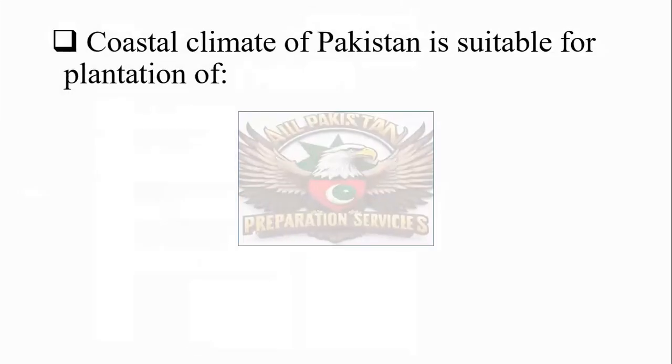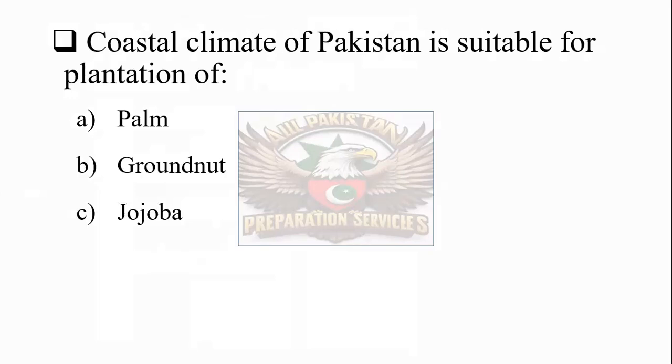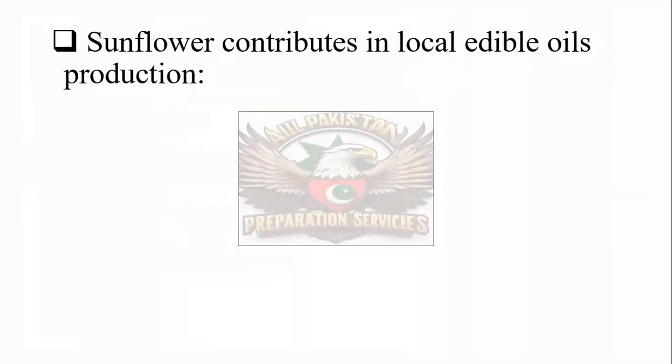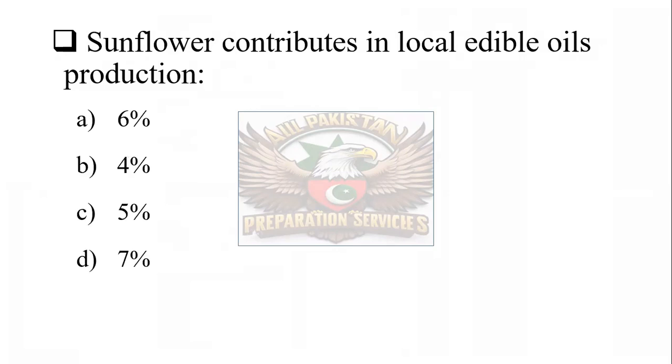Coastal climate of Pakistan is suitable for the plantation of palm trees, groundnut, jojoba, or pilu? The correct one is palm trees. Sunflower contributes in local edible oil production 6%, 4%, 5%, or 7%? The correct one is 6%.